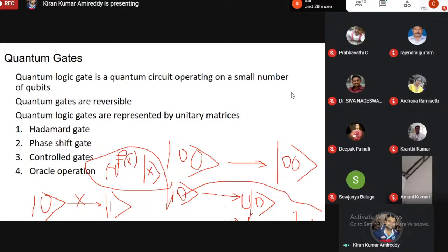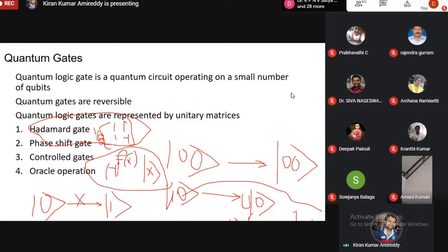Then Hadamard operation, just one, this is also one, one, minus 1. And anyway, there will be 1 over root 2 there. So that is the Hadamard operation or Hadamard gate.